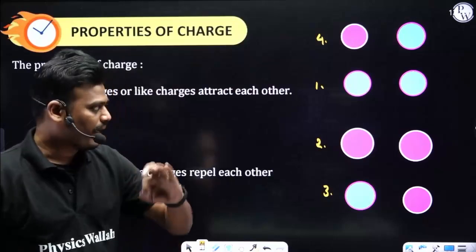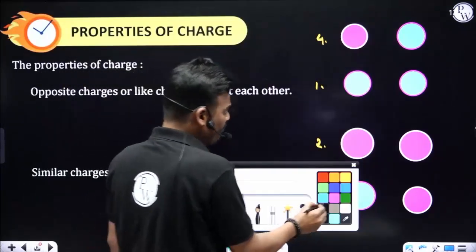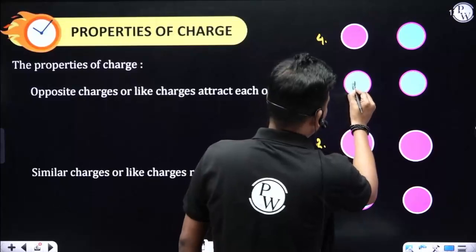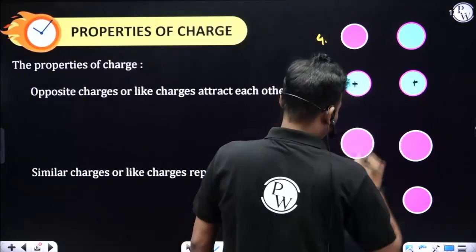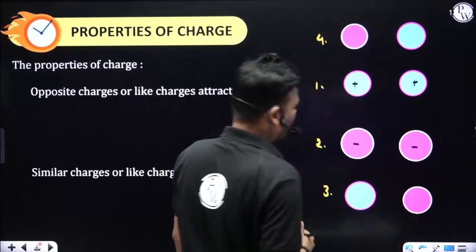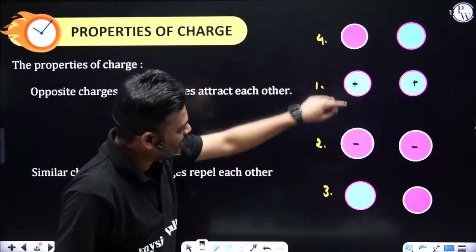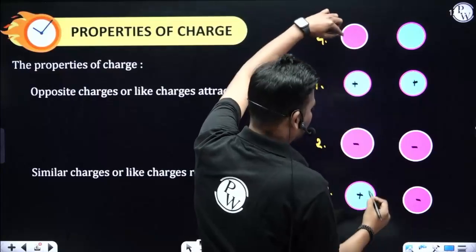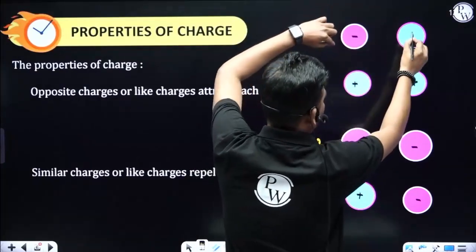Here I'll name these charges: this is positively charged and this is positively charged. Then this is negatively charged and this is also negatively charged. Here you can see this is positively charged and this is negatively charged. Here this is negatively charged and this is positively charged.